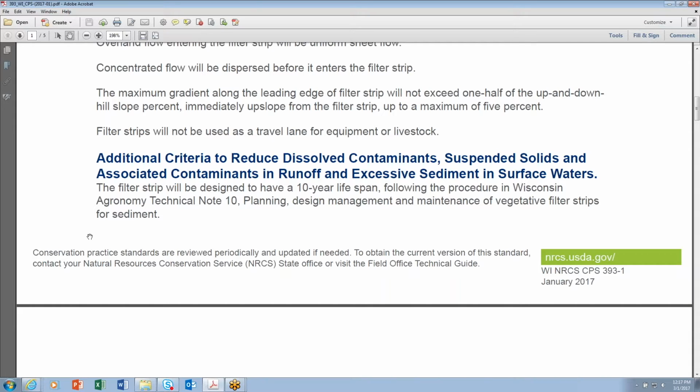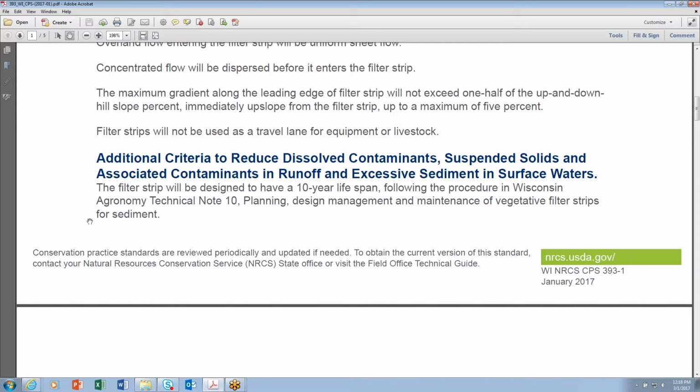The filter strip has to be designed to a 10-year life, and that is very clearly spelled out in Wisconsin's Agronomy Tech Note number 10, which is a filter strip tech note, and the tech notes are placed in section 4 of the Field Office Tech Guide under tech notes. So you can find it there quite quickly.